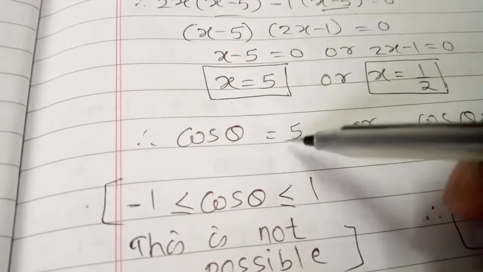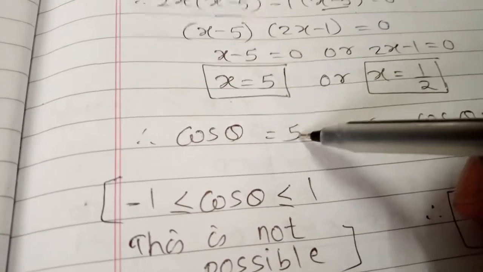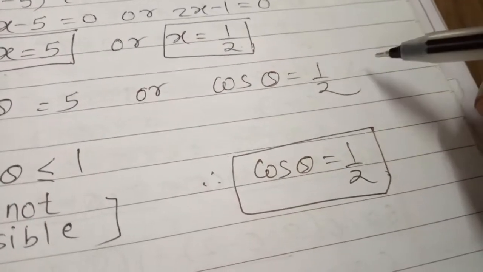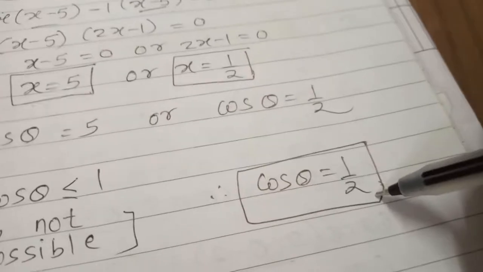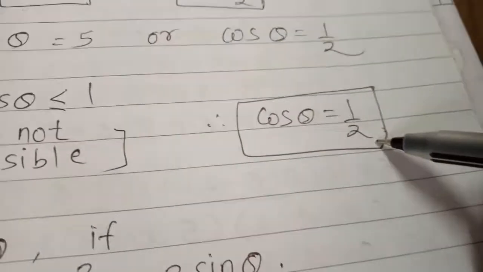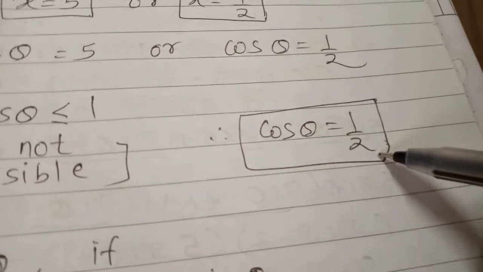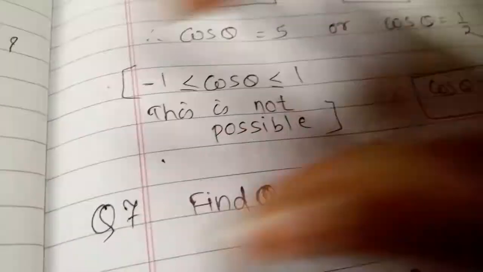So cos theta equal to 5 is not possible, and so we take only one value, that is cos theta is equal to half. In the question we are asked about the value of cos theta. So the value of cos theta is half. This is the answer. Now we are going to start with the next question, question number 7.